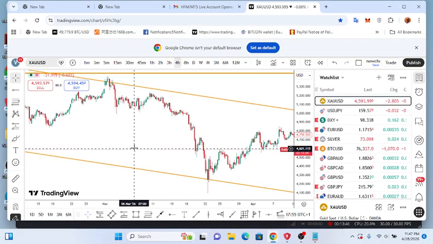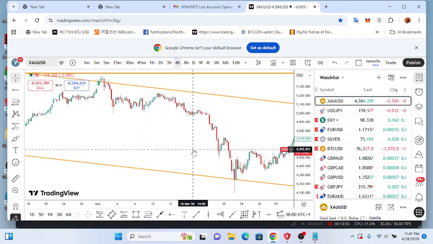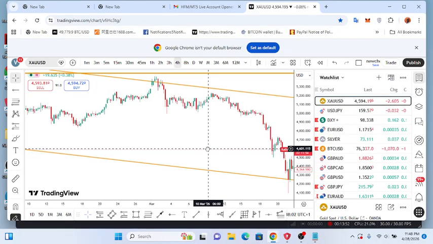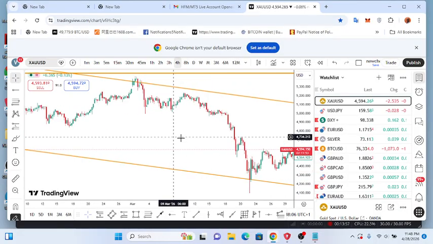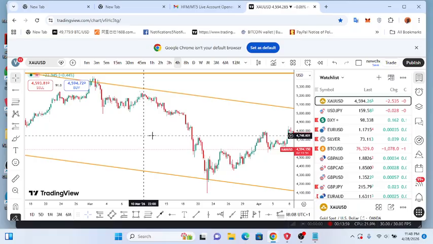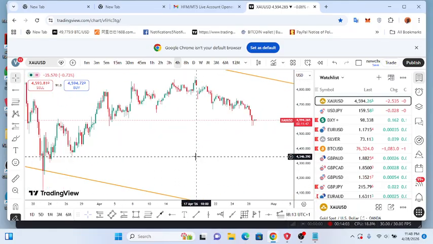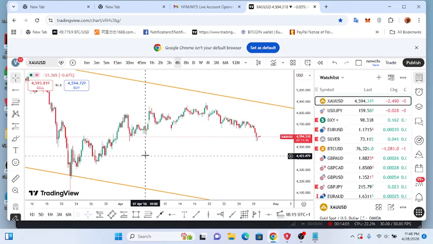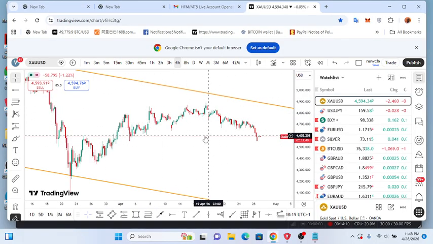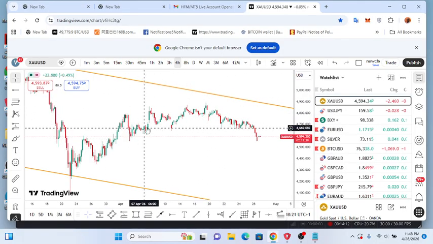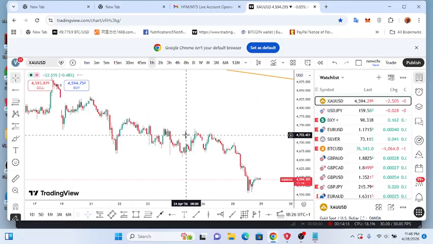There was, but if I keep doing analysis here as it is right now, it might be confusing. So let's just go to the current market price. Looking at the 4 hour time frame, I don't see any opportunity at all. No opportunity.